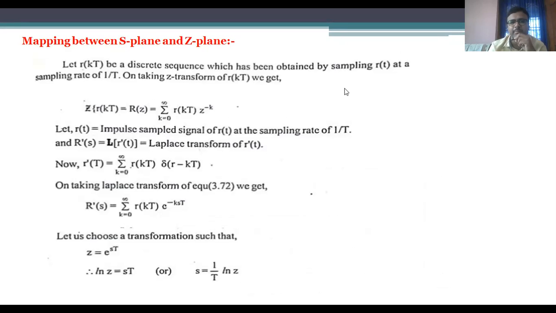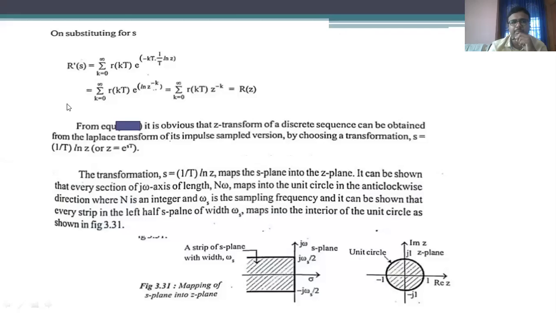Okay, the impulse sampled signal r dash of s is equal to R of z. So this equation gives the Z transform of a discrete sequence.